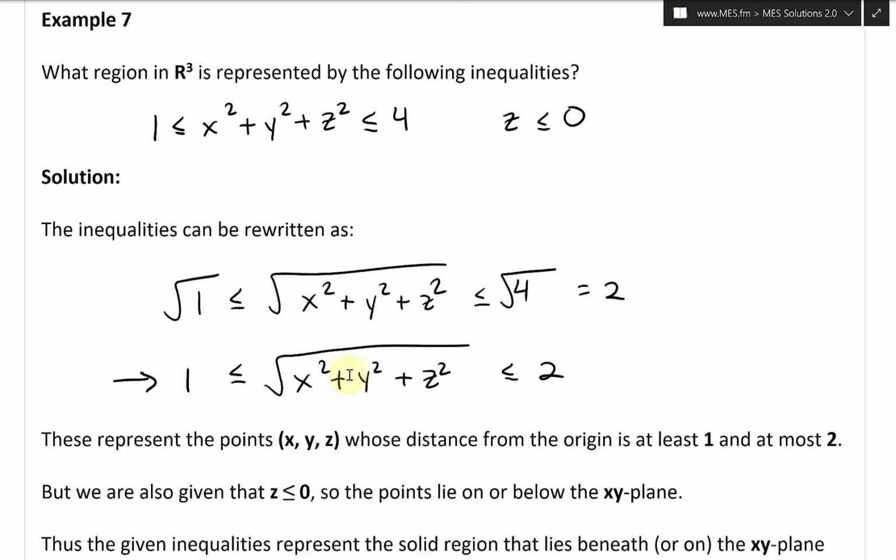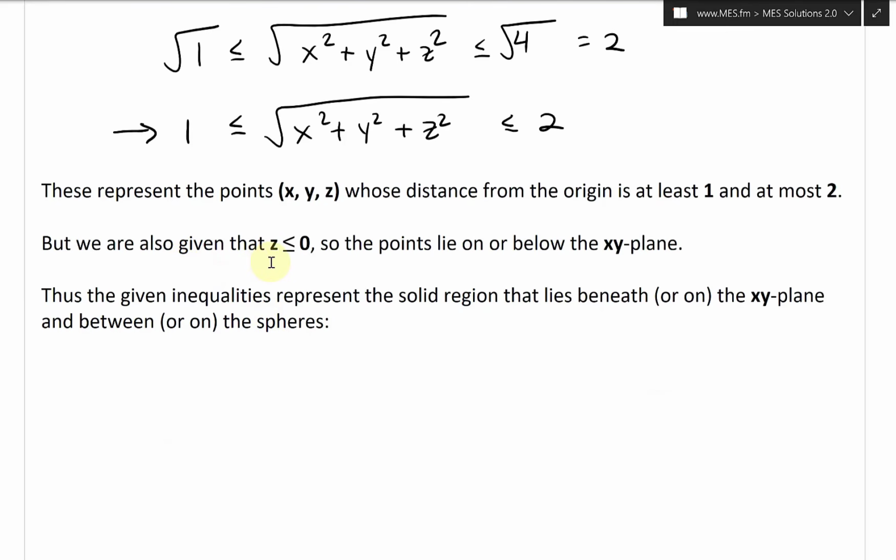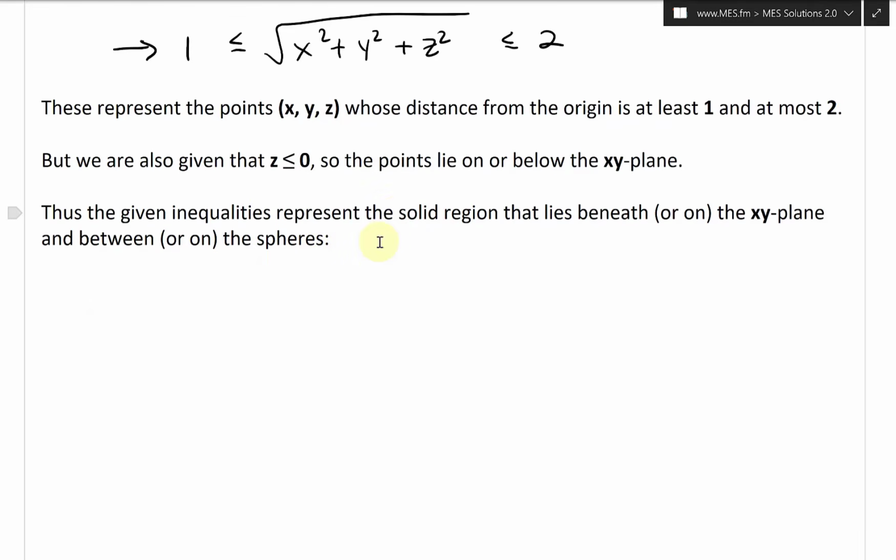And these inequalities right here represent the points x, y, z whose distance from the origin is at least 1, and at most 2. But we are also given that z is less than or equal to 0. So the points lie on or below the xy plane. Thus, the given inequalities represent the solid region that lies beneath or on the xy plane and between or on the following spheres.